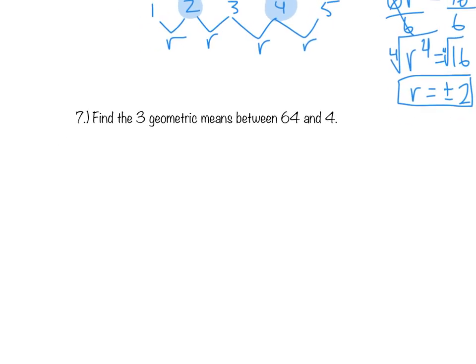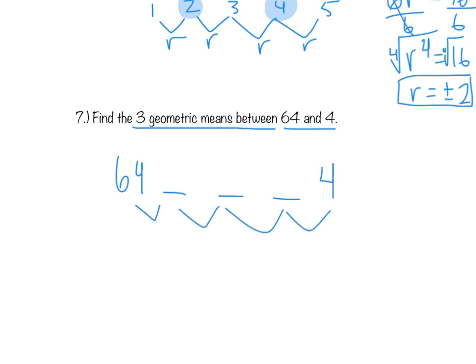And then the next one is 3 geometric means, so same thing between 64 and 4. So 64, 1, 2, 3, and then you're getting to 4. Here, here, here, here. I have r times r times r times r, same thing. So I have 64 times r to the 4th equals 4.